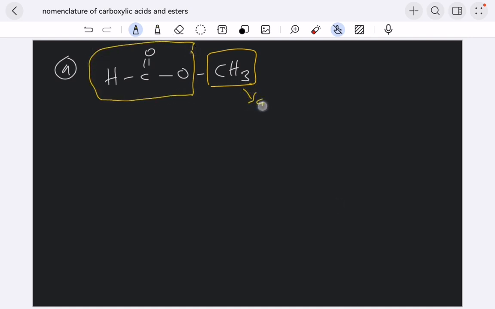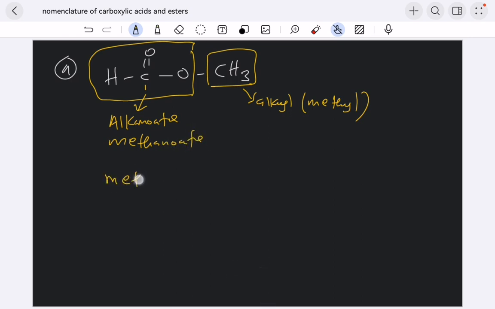This represents the alkyl and this represents the alkanoate. The alkyl in this case is a methyl. Then an alkanoate also has one carbon, meaning it's called methanoate. So when I put them together, it's going to be called methyl methanoate.